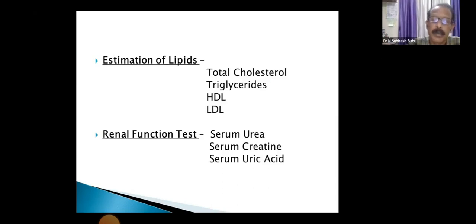So in that group of patients, if the patient has a long history of more than 10 to 15 years, you have to see the renal function test, urea and creatinine. And another test you have to do is microalbumin, urine for microalbumin, looking into the urine only.